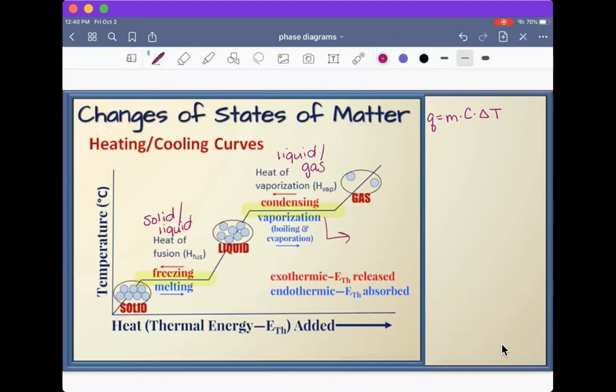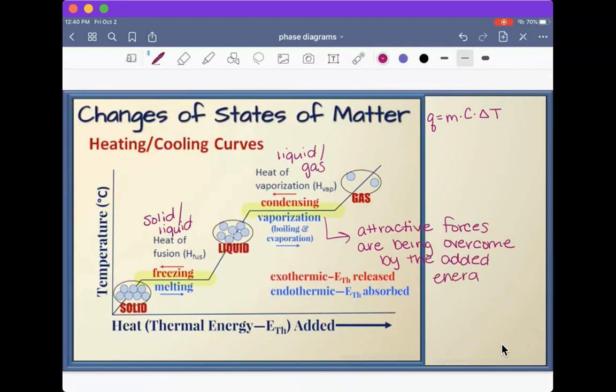The energy being applied at this area is not being used to raise the temperature of the substance, but it's using the energy to overcome the attractive forces. So the attractive forces are being overcome by the added energy.